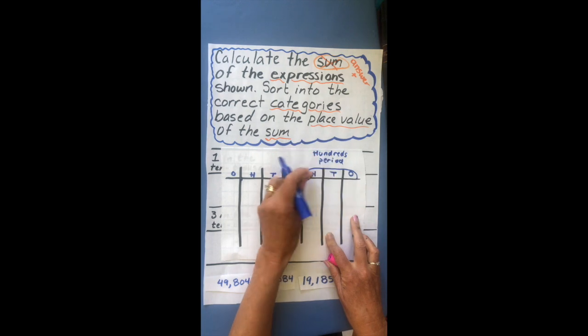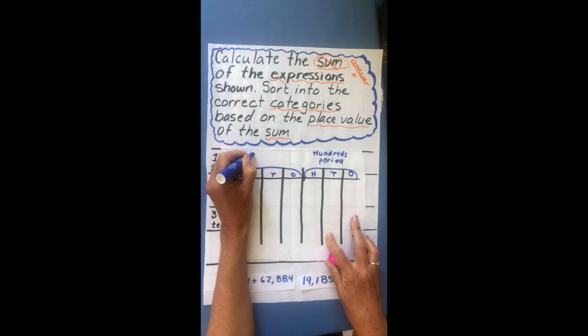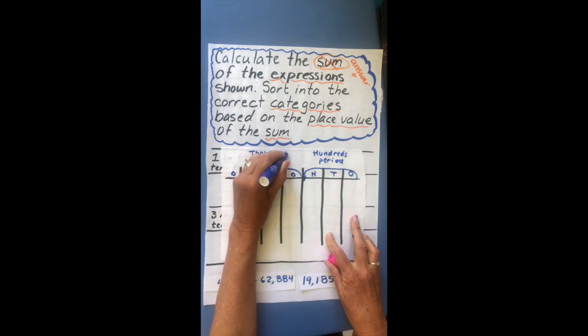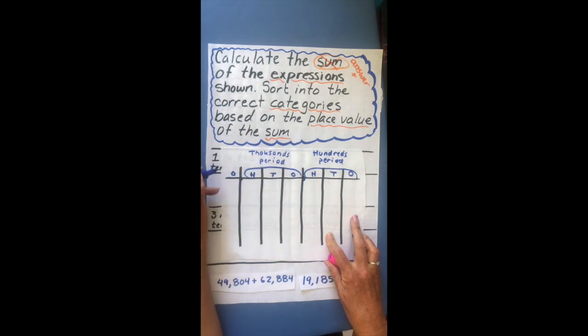Because remember, periods are groups of 3. This right here is the thousands period. And this right here is the millions. So I'm just going to put MIL period.